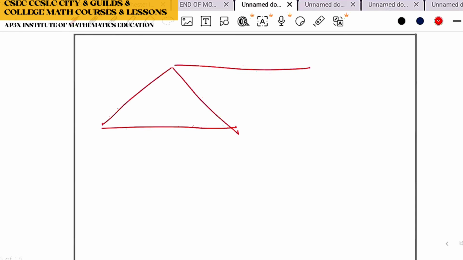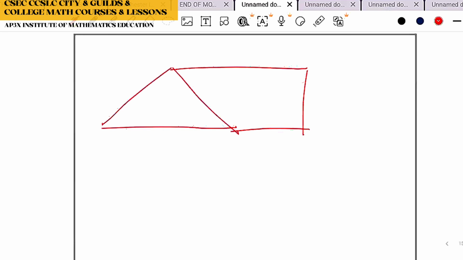Let us do this then. So we have a triangle over here. And let us do this over here. All right, nothing too tough.